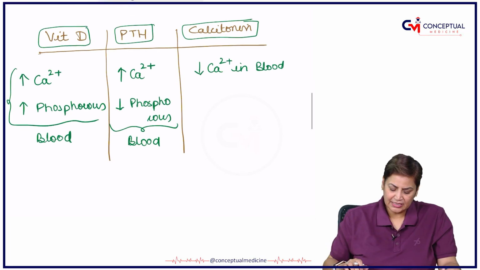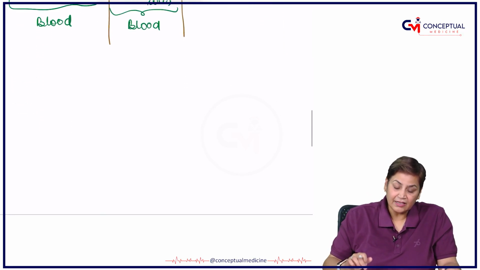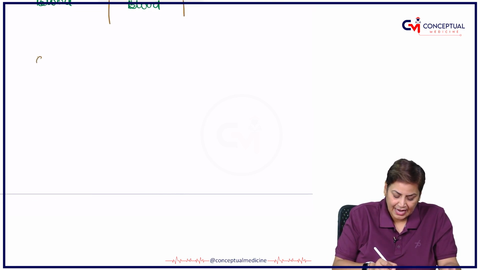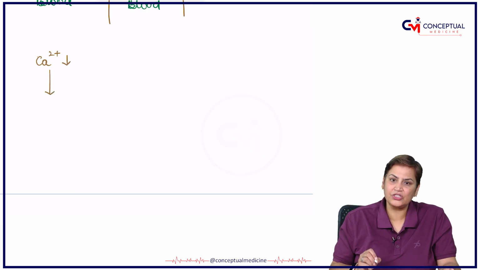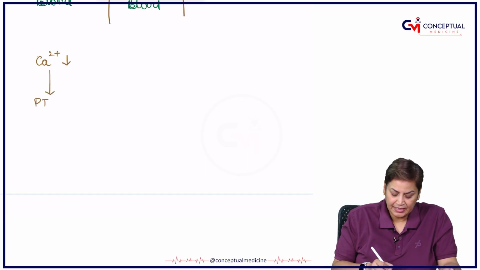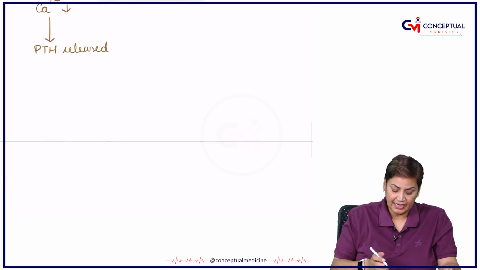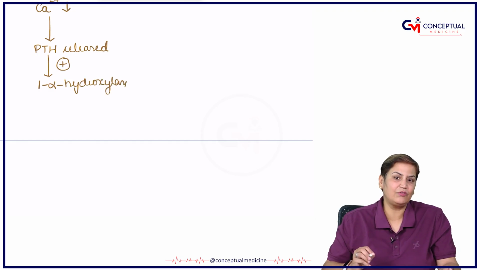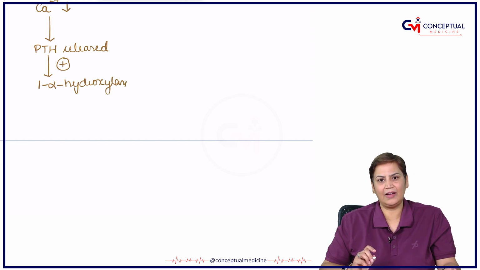So, now the question is how this vitamin D is raising calcium. So, I can say that a simple hierarchy is there if calcium level decreases. What will happen? If there is decreased concentration of calcium, immediately PTH will be released. What is the function of PTH? PTH is going to activate 1-alpha-hydroxylase. Now, one thing I just want to tell you here is most of the students get confused between 1-alpha and 7-alpha-hydroxylase.